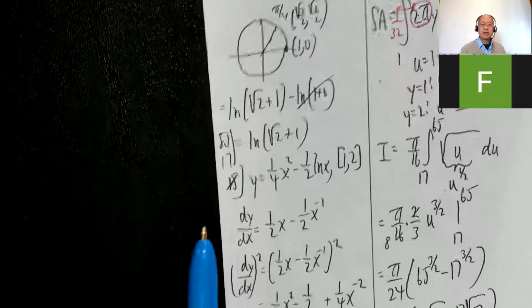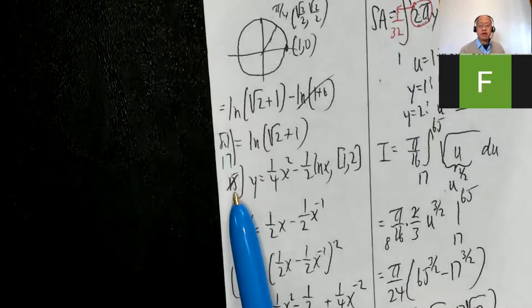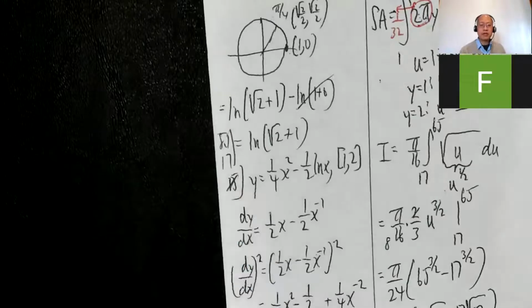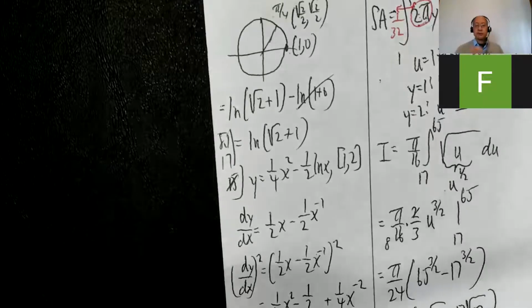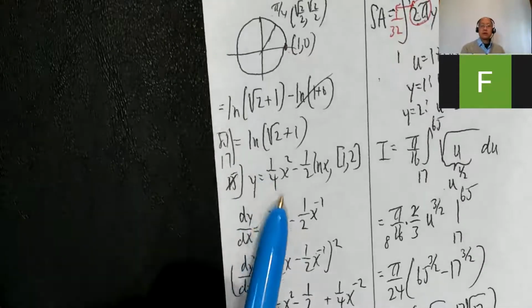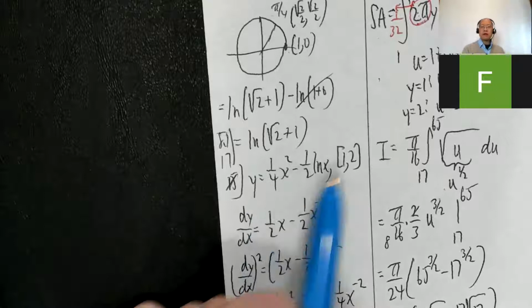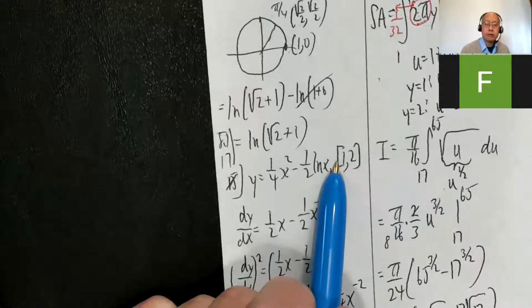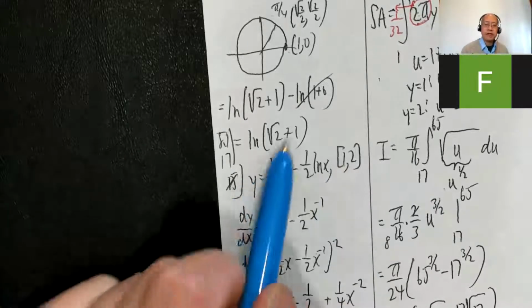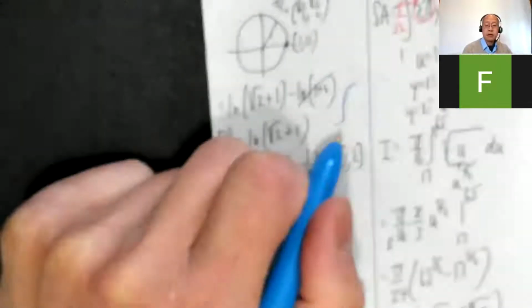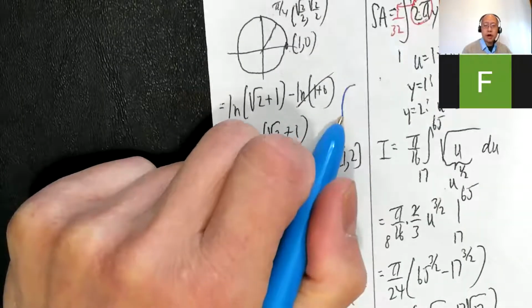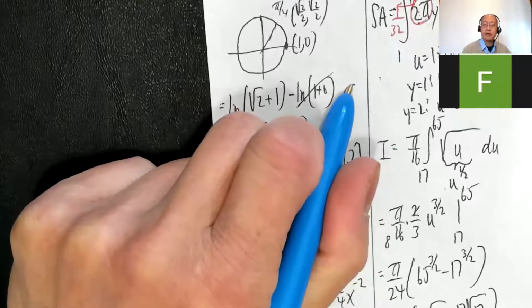And then 17. The cross off was because in the previous edition it was 15, but I believe it's now 17. Yes. Okay, so y equals blah, blah, blah from 1 to 2. Notice what we're doing: we're finding the arc length. Whatever this thing looks like, from 1 to 2, if you were to walk along this, we're finding out the length of the arc.